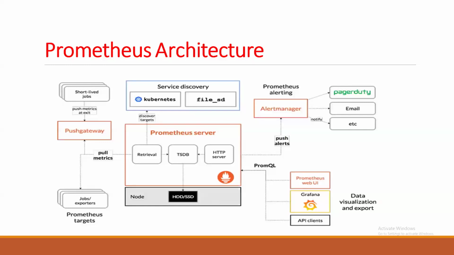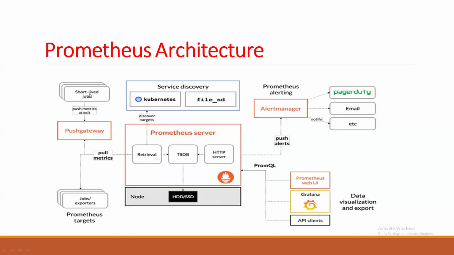Now the Prometheus architecture. It will pull the metrics. In Kubernetes, Prometheus is the server. The alert manager will push the alerts to PagerDuty or email, so we can notify by using email or PagerDuty. In real time, everyone uses PagerDuty.